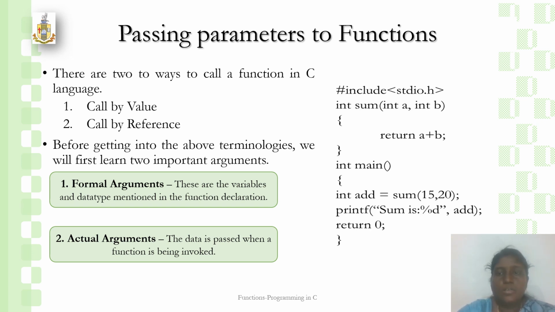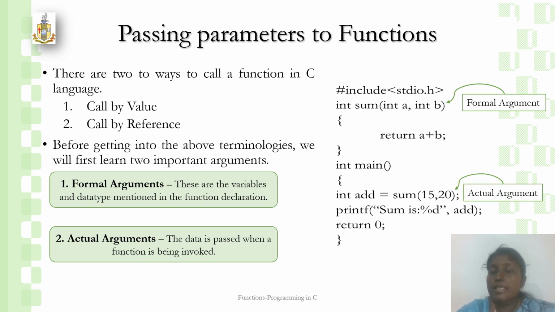Now the same example. Here int a and int b are called the formal arguments, which define what type of values are to be accepted by a function. The actual arguments are the values which have to be sent to the variables already declared in the function definition.